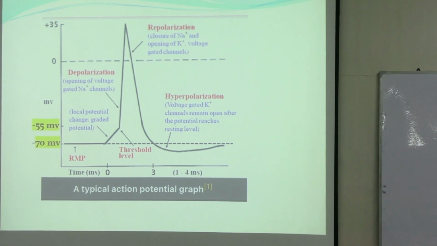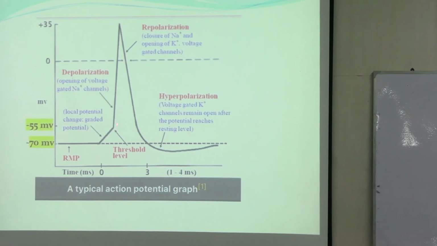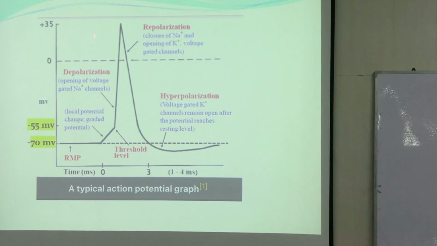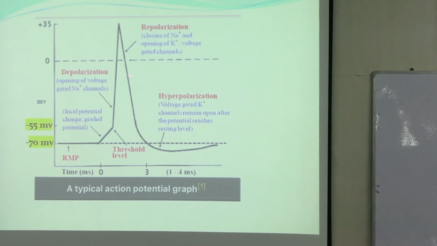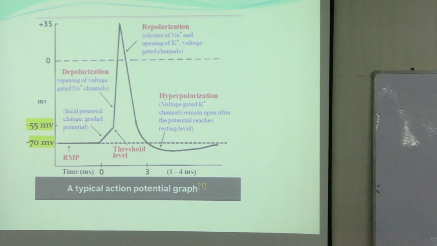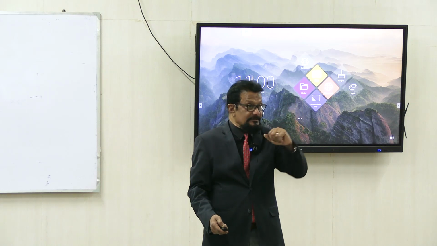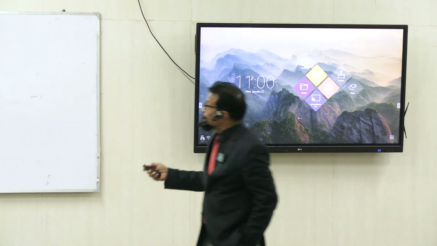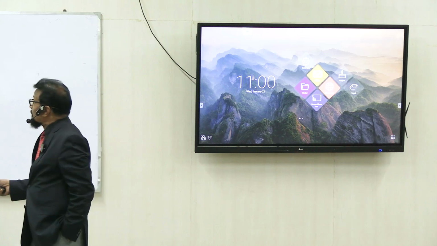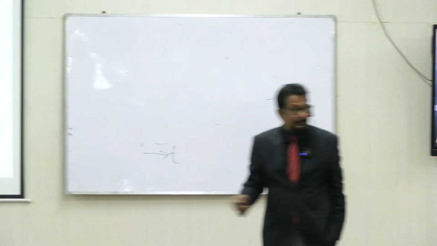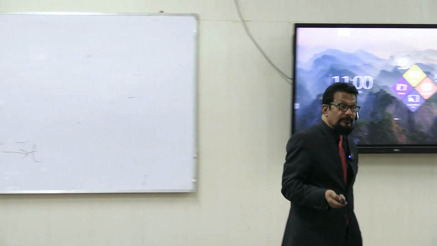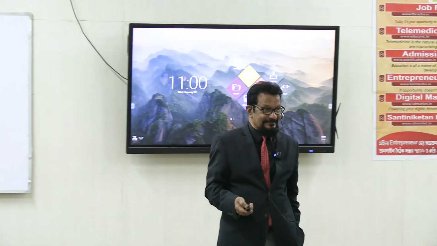So voltage will change towards positivity, and this part is called overshoot, since it is going beyond 0. That is why it is called overshoot. And why did it happen? Because of opening of voltage gated channels.